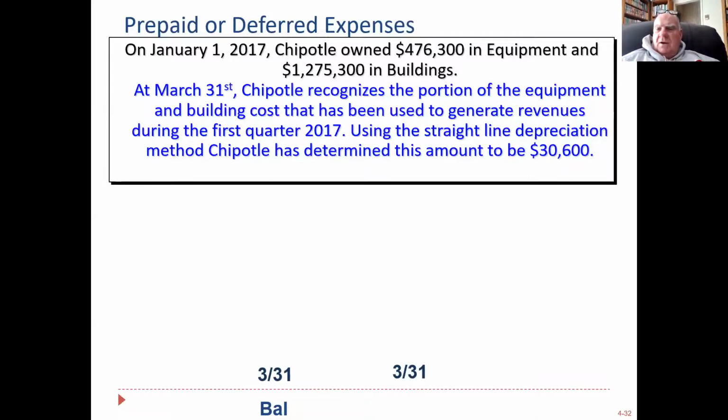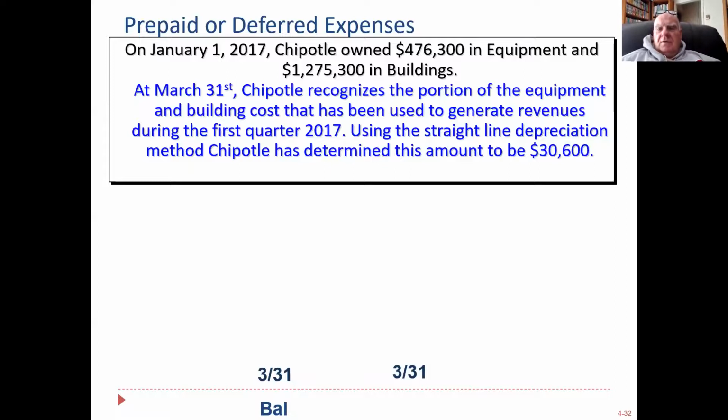And whenever you have a contra account, it's always married to something. In this case here, that contra account is married to the cost of the asset, okay? And the difference between the two is called net book value. And that net book value gets lower and lower every year we depreciate.